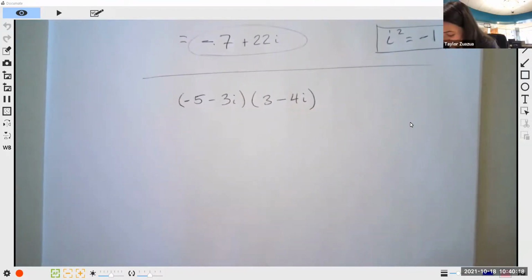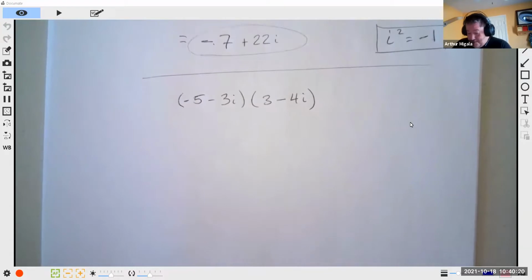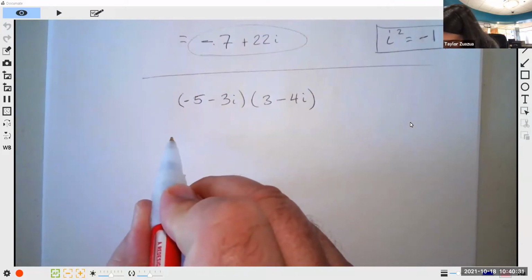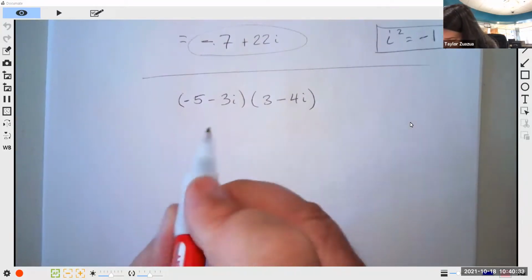So we're going to do negative 5 on both sides. Negative 5 times positive 3 is negative 15.